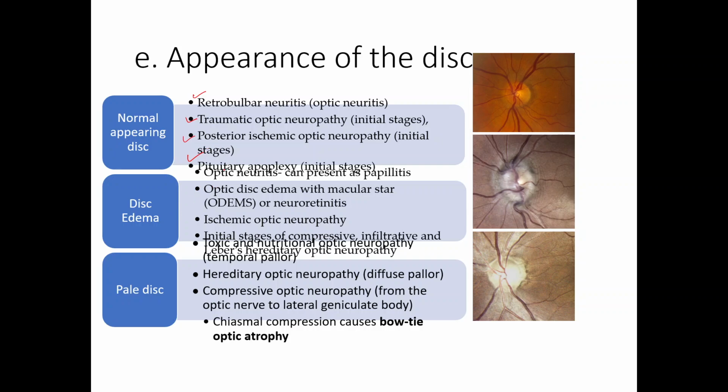Disc edema may be seen in optic neuritis, the ones which present with papillitis, neuroretinitis, ischemic optic neuropathy, and initial stages of compressive optic neuropathy. The other causes of pale disc are Leber's optic neuropathy, hereditary optic neuropathy, compressive neuropathy, which with time develops pallor, and then chiasmal compression. These are a few disorders that present with a pale disc.